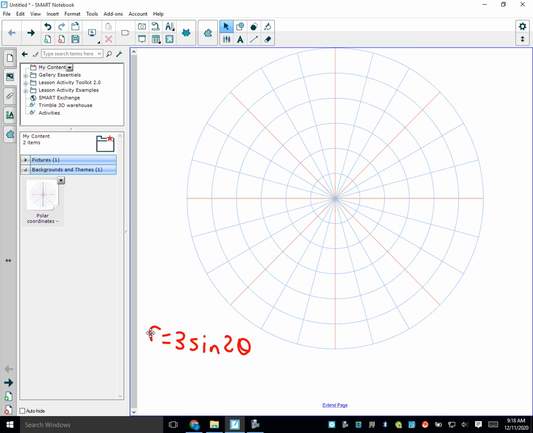Theta is, do you remember the button you picked for X? It also has a theta on it. No, do the one right next to your alpha button.